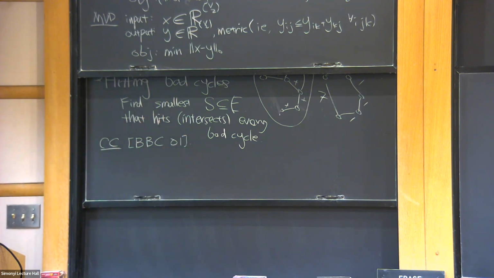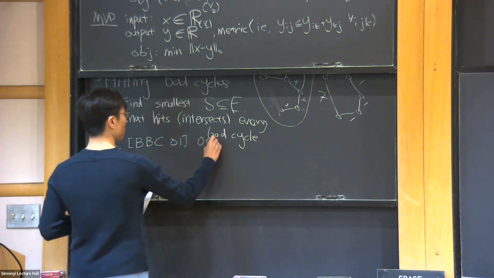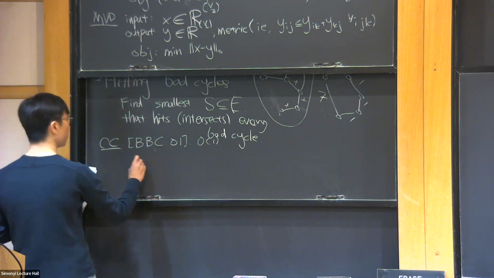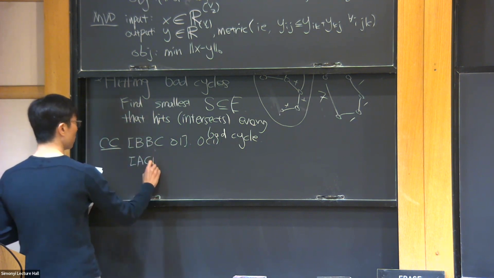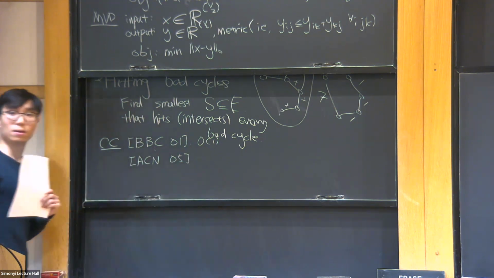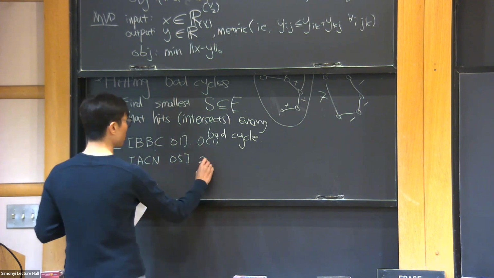So they first defined this problem, and they gave a constant factor approximation, where the constant is quite large, let's just say order 1. Then there are several people improving this constant. But the paper that we're really going to look at is the paper by Ailon, Charikar, and Newman. I think the conference version was in 2005. So they gave a 2.5 approximation.